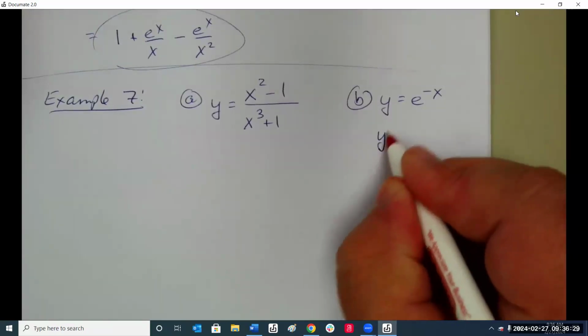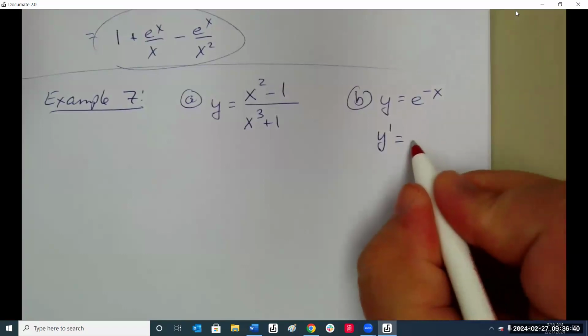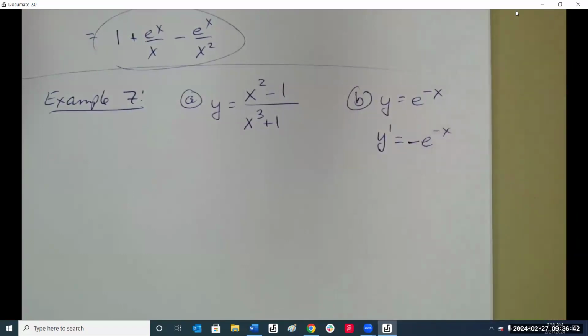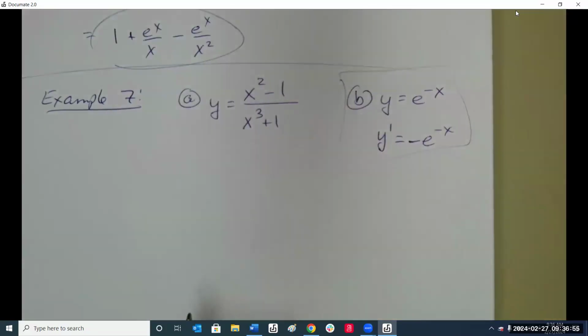Again, b, what's the derivative of b? So that one's pretty easy. Again, e's are my favorite. We have to use the quotient rule here.